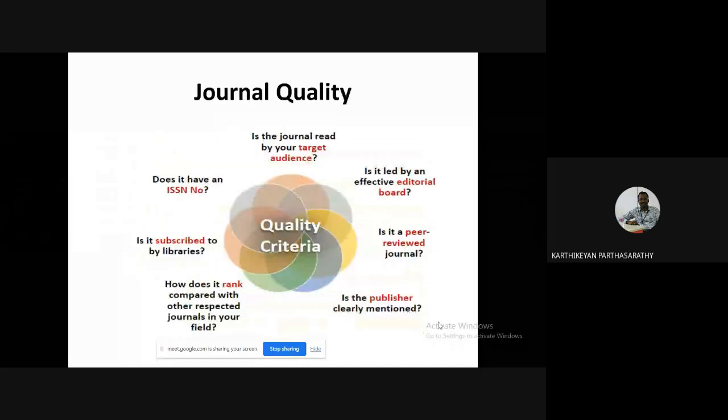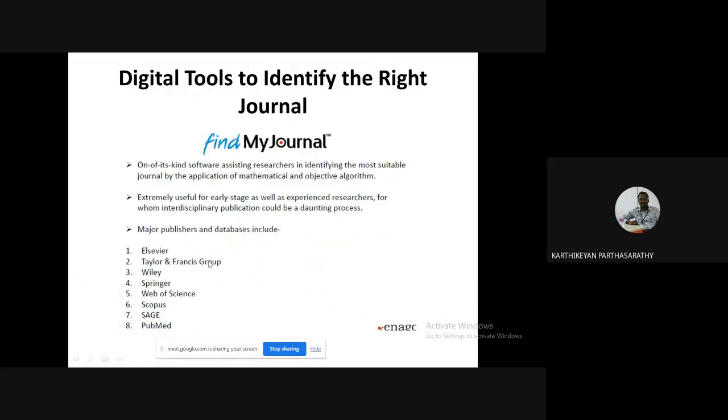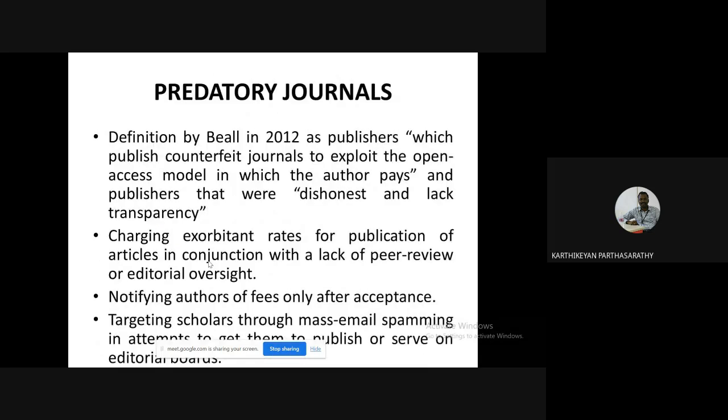Journal quality, they mainly accept based on the target audience, editorial board, peer review, publisher, subscription of the library, etc. So these are all the digital tools I have told you already to identify the right journal. We have to find from the journal lists from Elsevier, Taylor, Wiley, Springer, Web of Science, Scopus, Sage, PubMed. So many platforms are available where you have to identify the right journal based on your abstract and keywords.